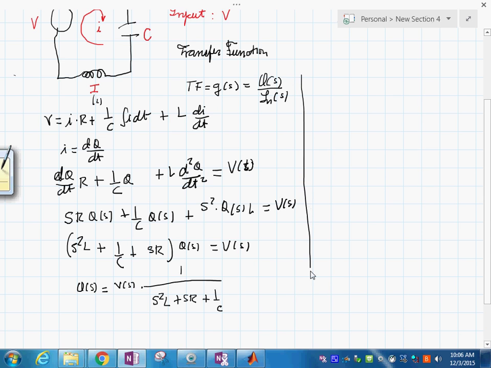Let's see if we can use the space on the right hand side here. What is the voltage of C in this case?